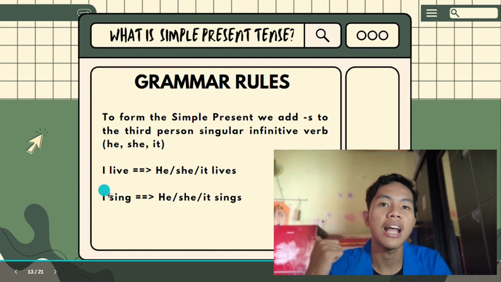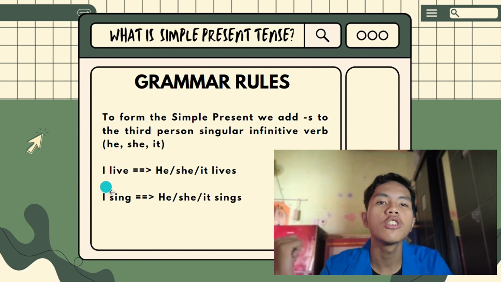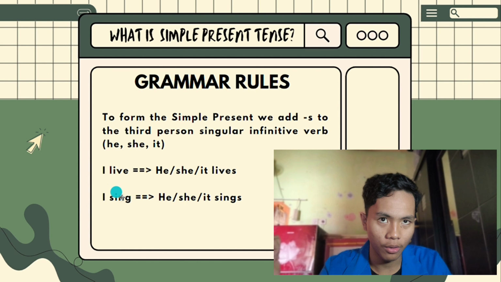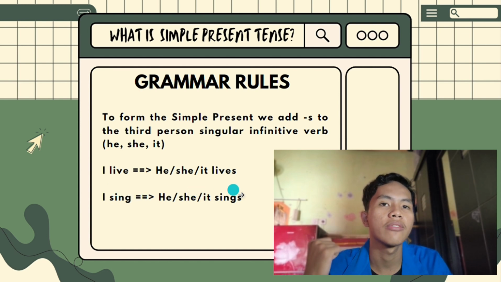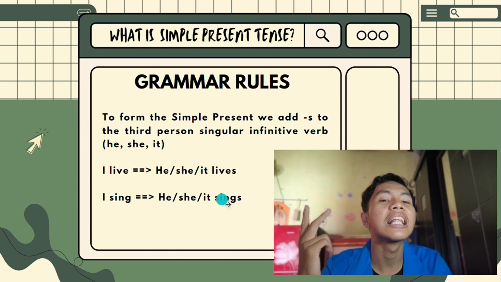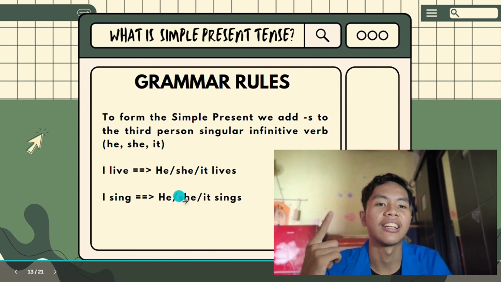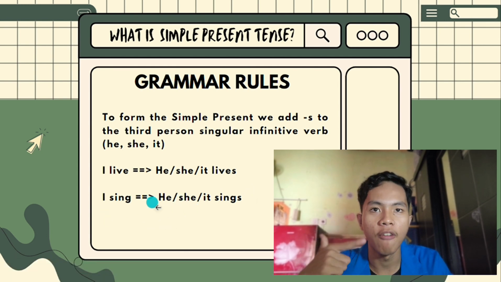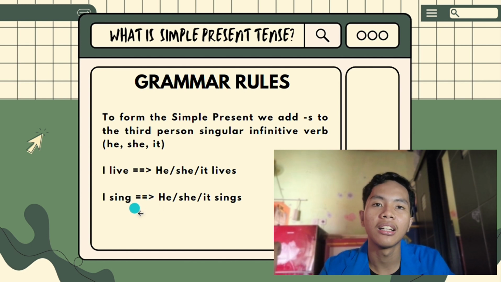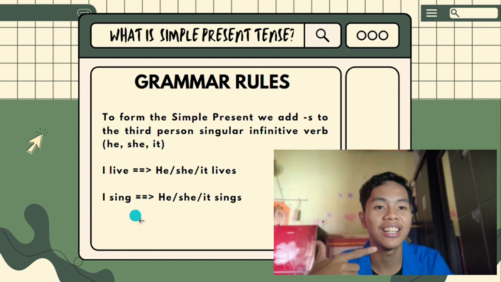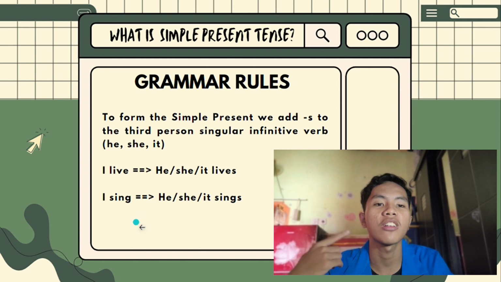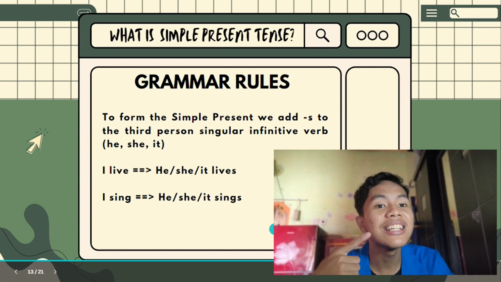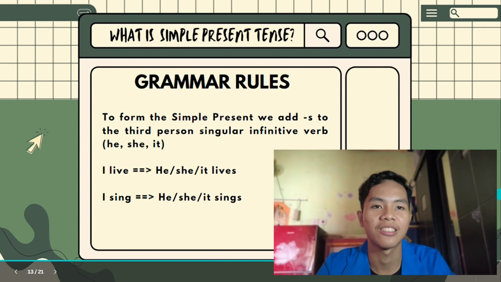So the example is I live. If we use the third person singular he, she, it, it is lives. He lives, she lives, and it lives. I sing. He, she, it. If I replace it with he, she, it, or the third person singular, it is he sings, she sings, and it sings.